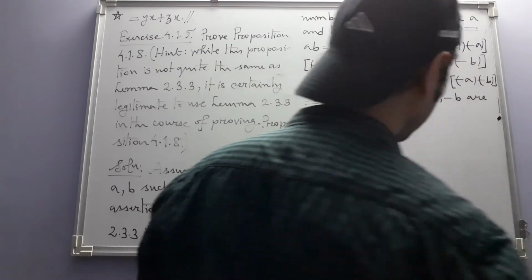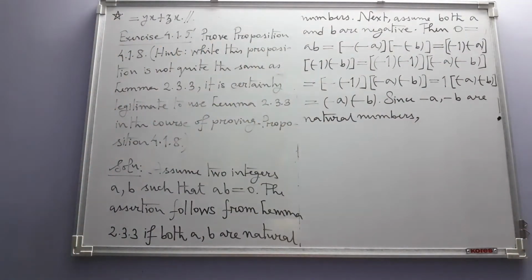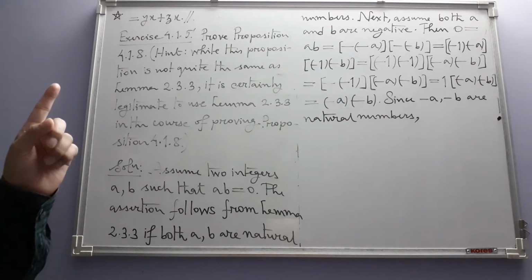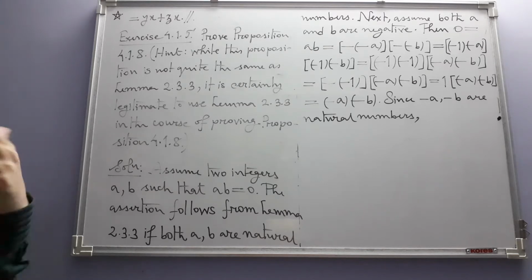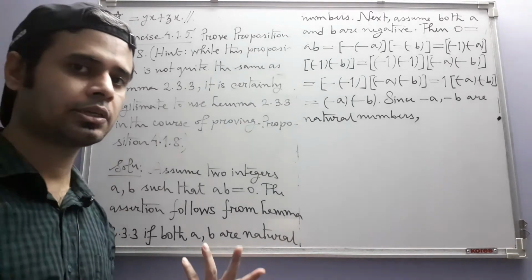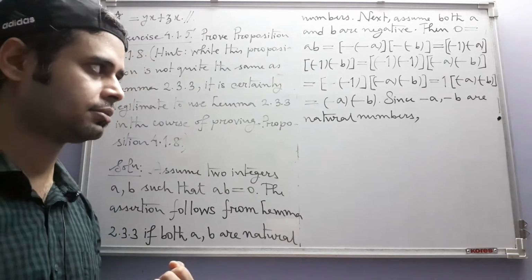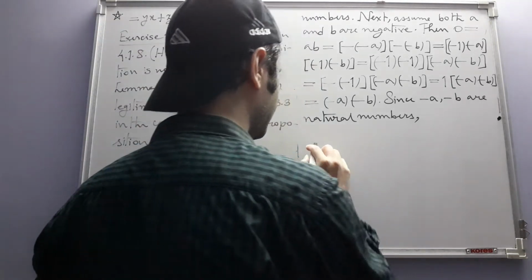Okay, by the way, why is it happening? If a is negative, how am I able to say that minus a is a natural number? Have you thought about that?